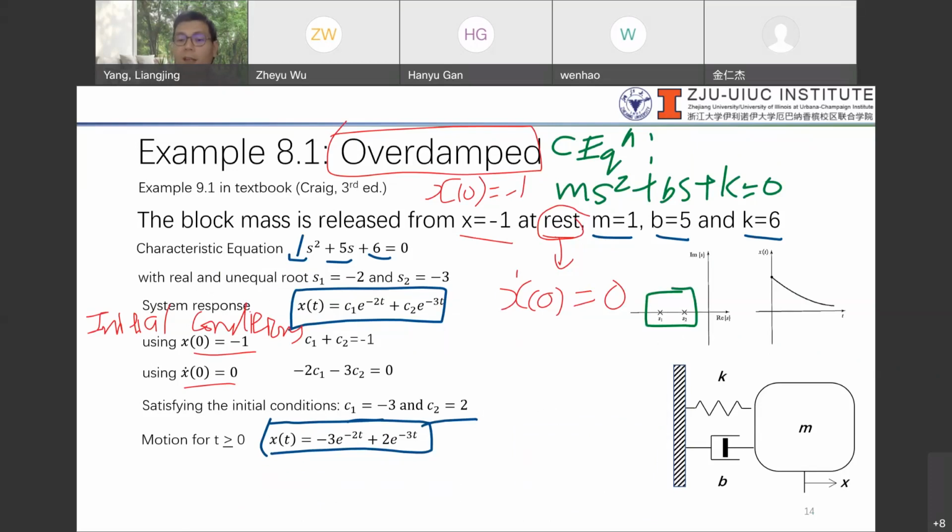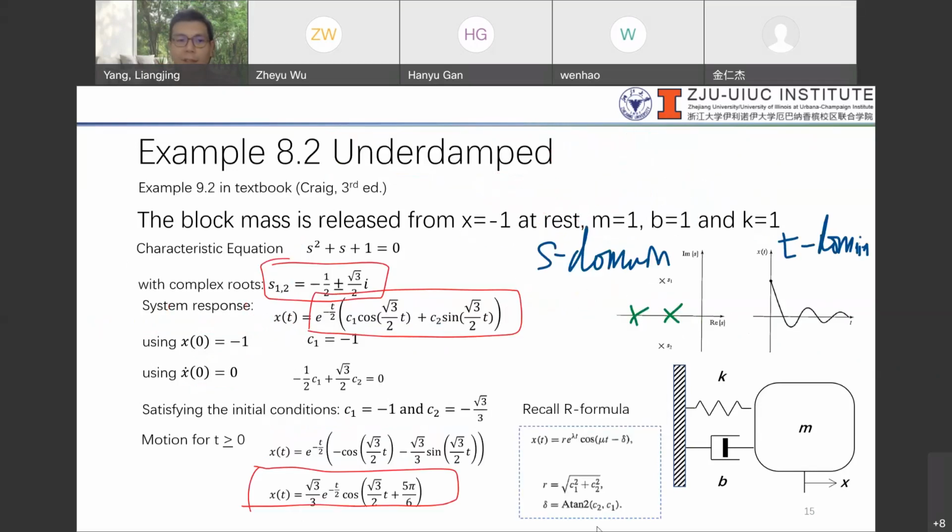They are on the horizontal axis. It doesn't involve any imaginary number. It's just real root. So in this case, we have complex root.